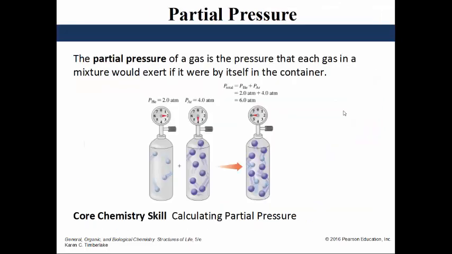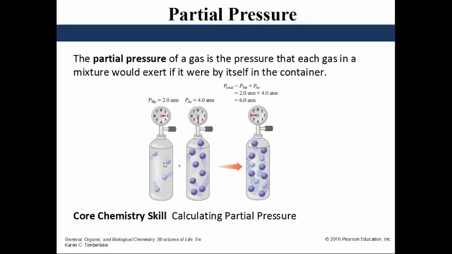Now, partial pressure is just the pressure that a gas would exert on a container if it were in the container by itself. So it is the pressure of that part of the gas. Here's what I mean by that. Let's say you have a container filled with argon and helium. Let's say that the total pressure in this entire container is 6 atmospheres. If you were to look at just the helium part, that's going to be measured at 2 atmospheres in this example.